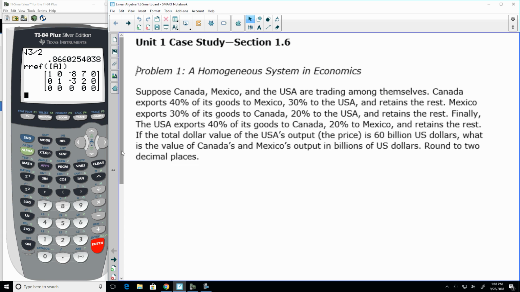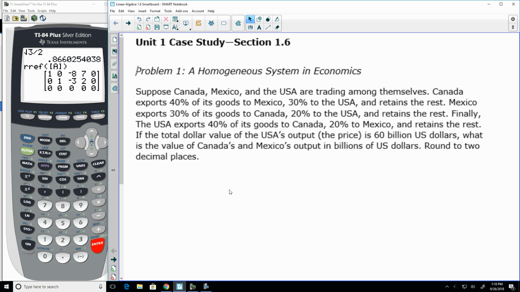Okay. So, first problem: suppose Canada, Mexico, and the United States are trading among themselves and only themselves. This is just a hypothetical. Canada exports 40% of its goods to Mexico, 30% to the U.S., and retains the rest. Mexico exports 30% of its goods to Canada, 20% to the U.S., and retains the rest.